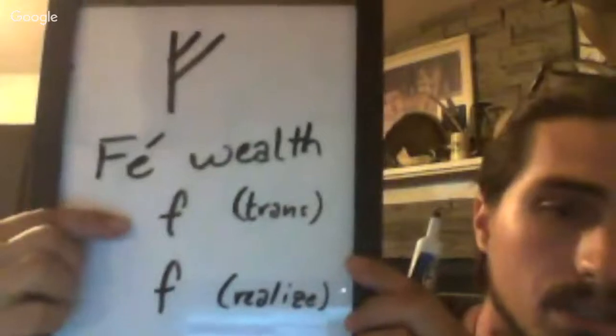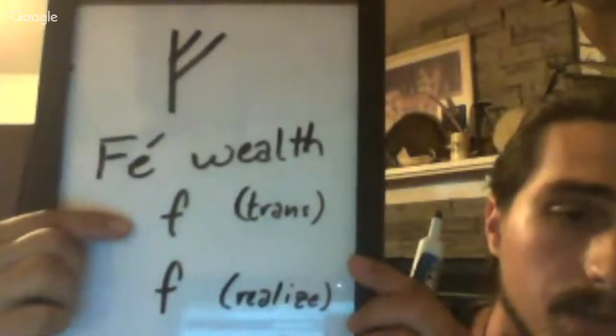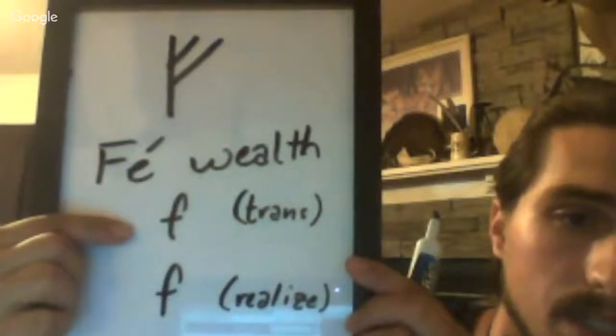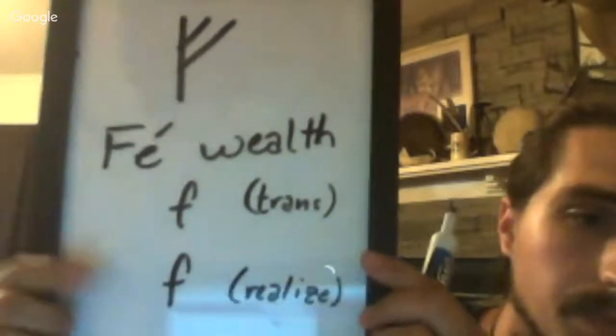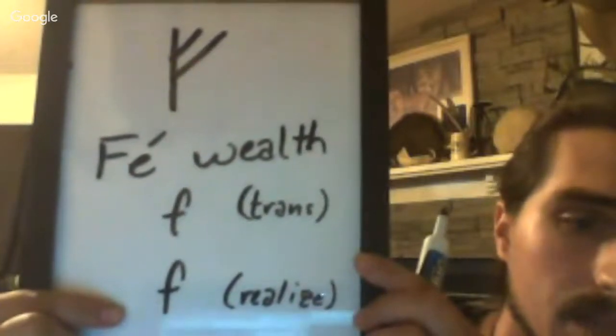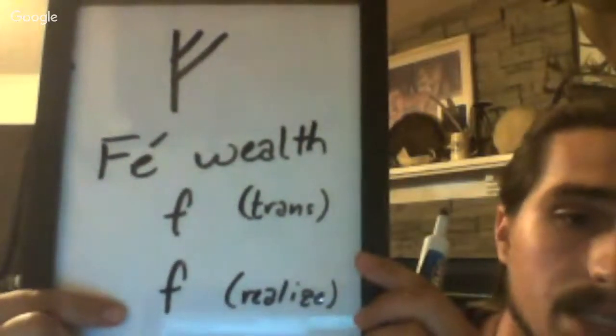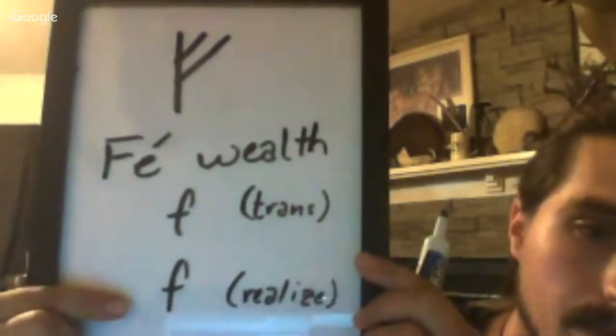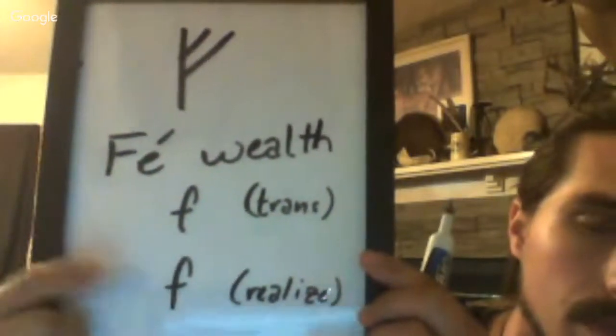You'll see the transliteration, what would be written down if you were a runologist studying an actual inscription, and then how that letter could be realized. So Faye can only be realized as an F. And the next letter will let me show you some of that complication.